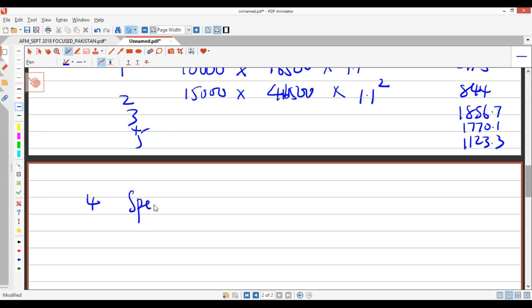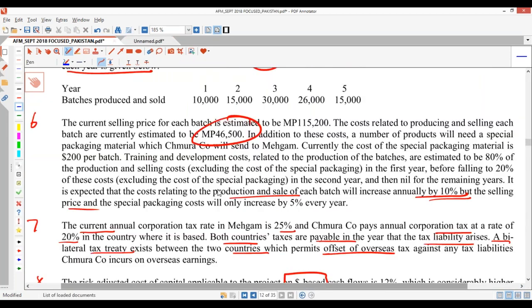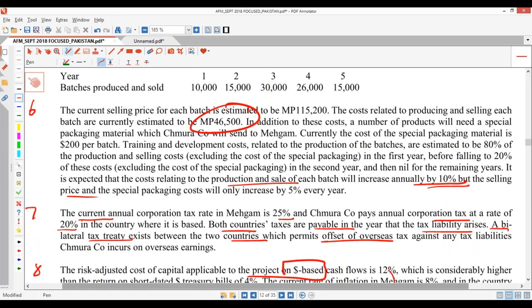Next one is going to be special packaging. Now, special packaging is in what currency? Special packaging is sent to Megan from Kamura, and it's $200 per batch, and the special packaging cost will increase by 5%. They are selling it at cost, so there are no profits transferred.